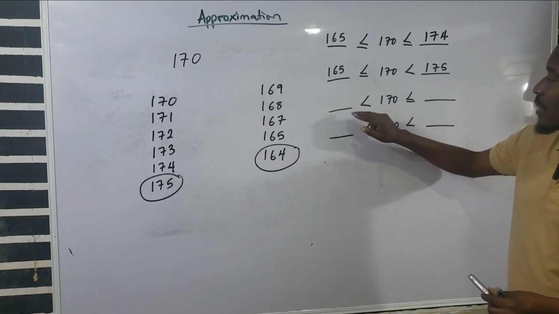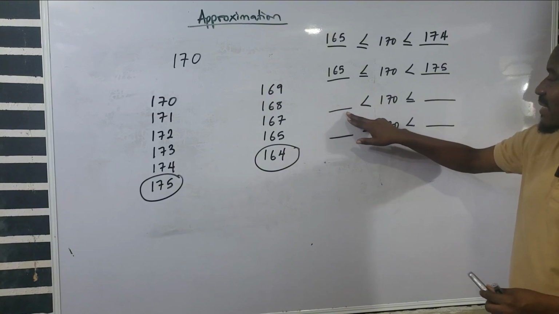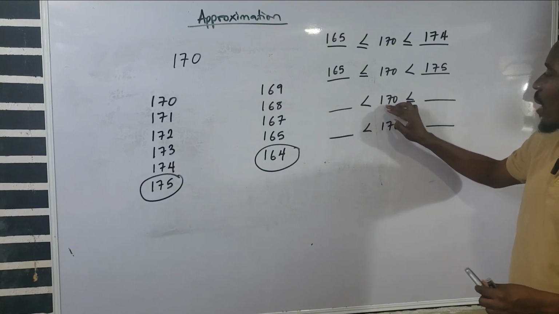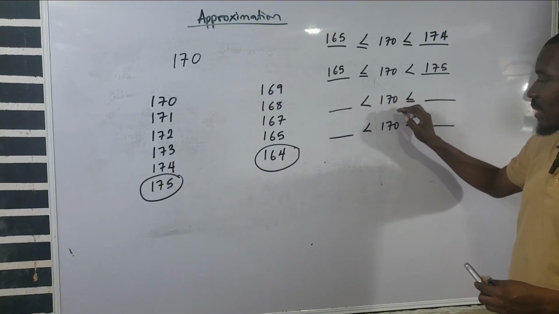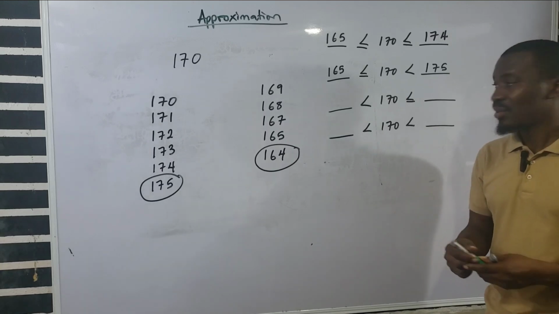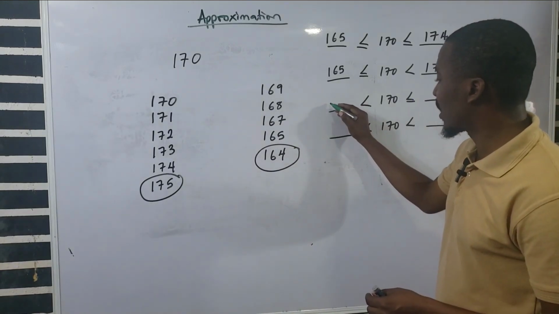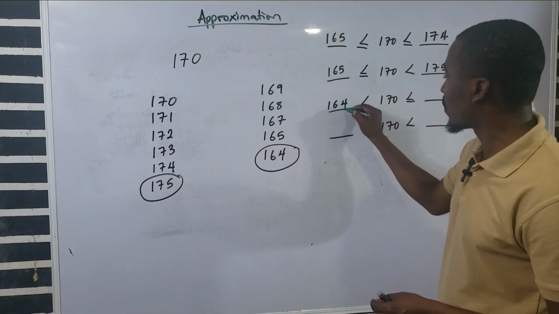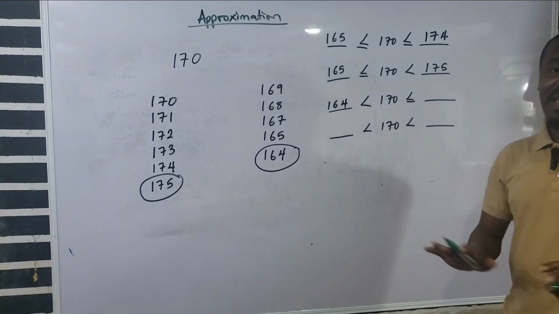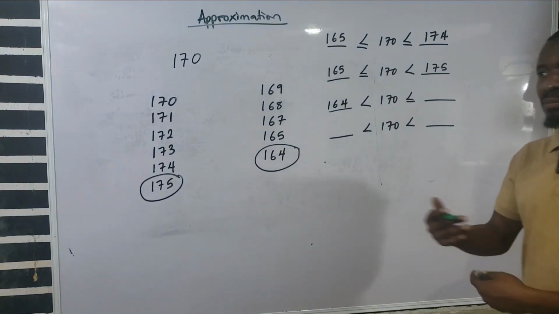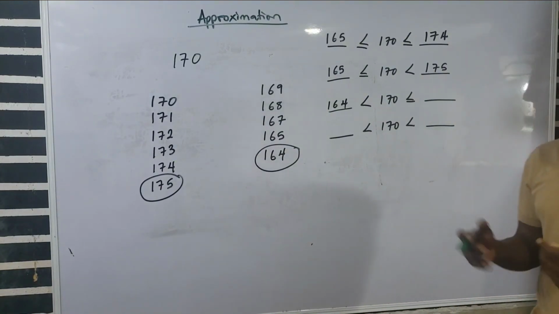Now coming to this one, a number that is less than 170, so that number is going to give me 164. Remember, we are dealing with integers now. We cannot get a number that has decimal points.